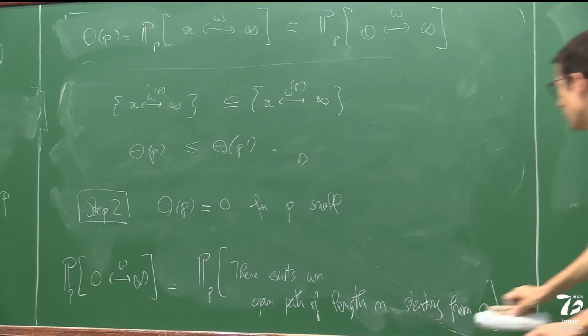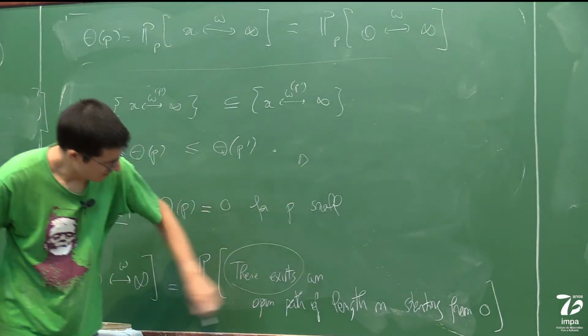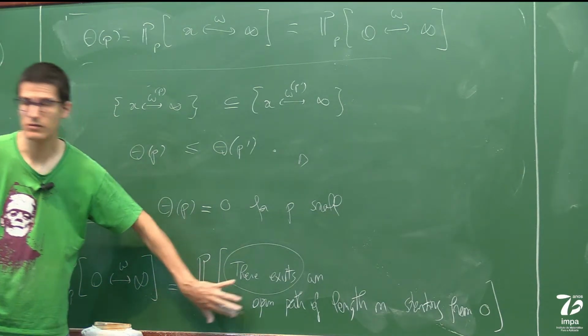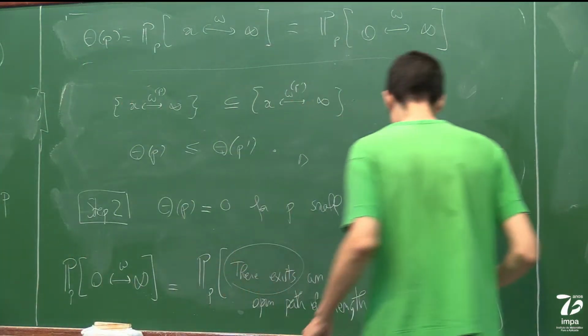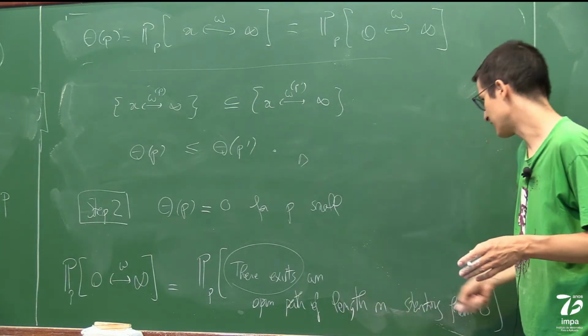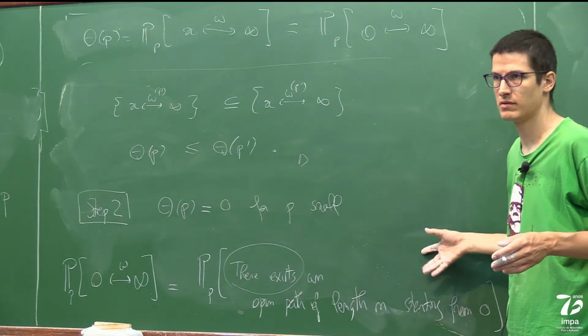Okay, so now when you have an existential quantifier in an event, this means that you have a union, in fact. So this thing, you can say that, well, it's the union over all paths of length n starting from 0, that this path is open.